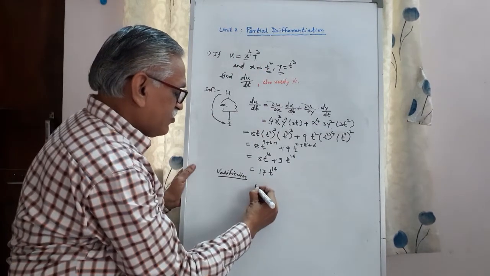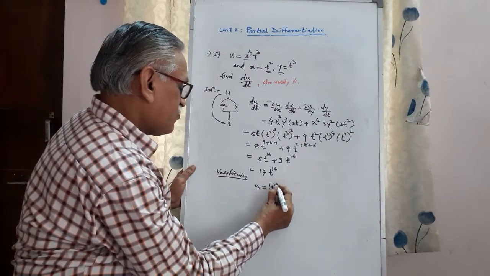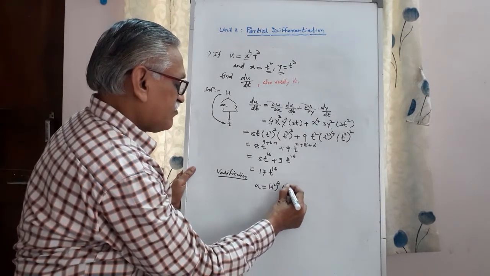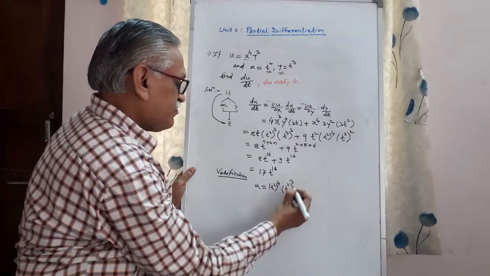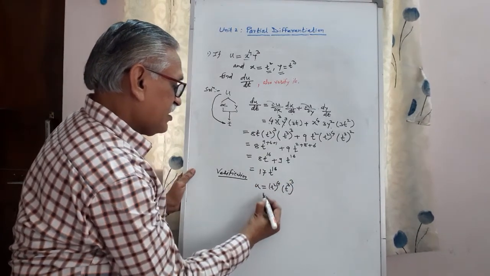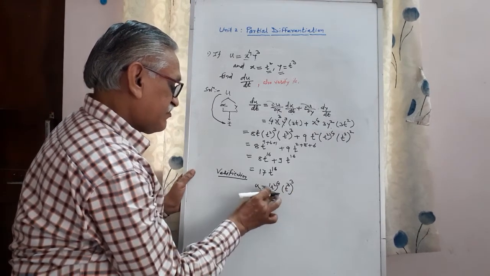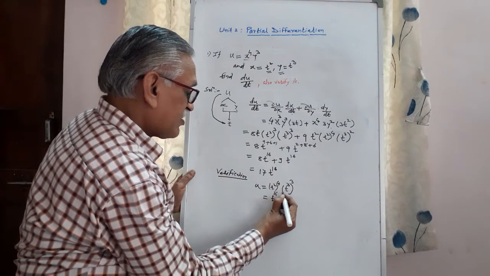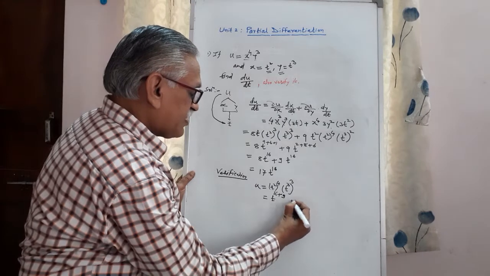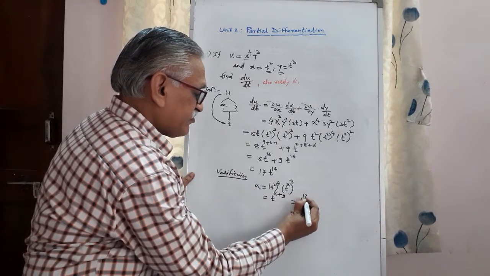If you substitute those values, u equals x raised to 4, t square raised to 4, y cube, y is t cube and its cube, and therefore it becomes t raised to 4 into 2 is 8, and 3 into 3 is 9, and therefore it becomes t raised to 9 plus 8, 17.